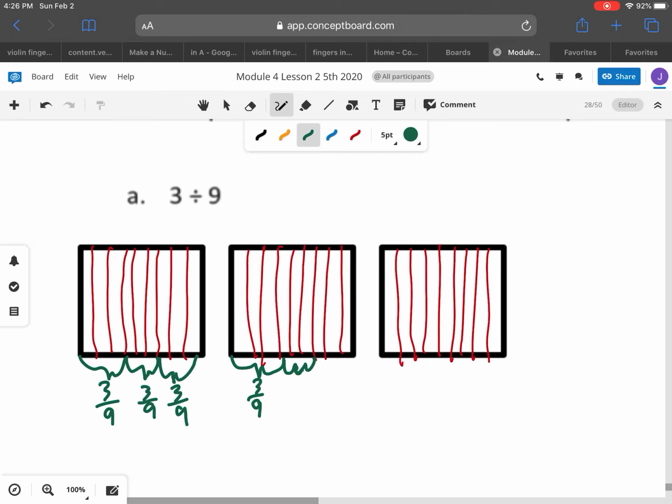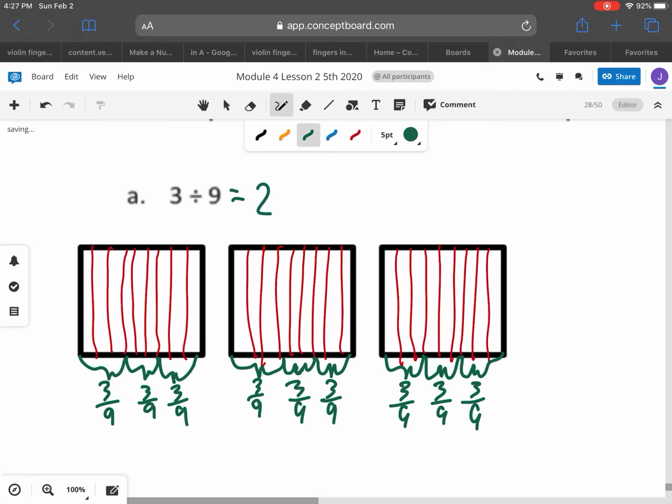Okay, you get the idea? I'm just going to go ahead and put these here. All right, so 3 ninths, 3 ninths. Each one has 3 ninths.